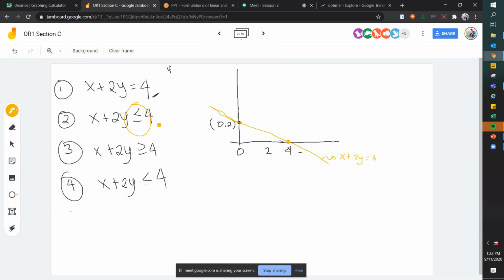Pero kung i-represent natin to, anong itsura kaya niya? Ito na yun mismo, ito na line na to yun. What makes the second equation different from the first? Walang difference. So bakit pa nilagyan ng inequality? Yep. So okay. Salamat ma'am.